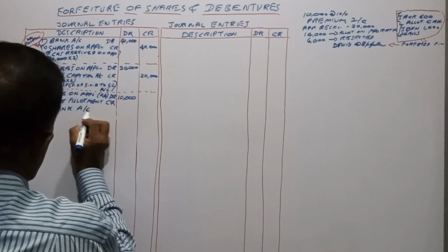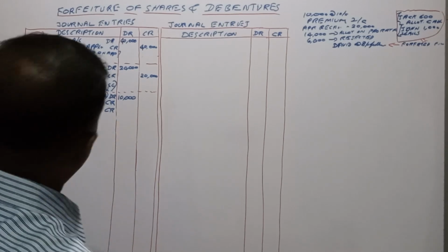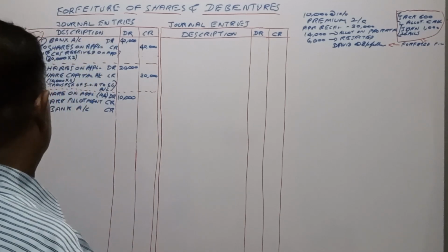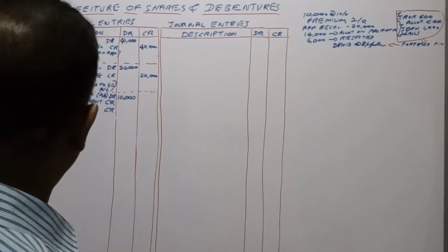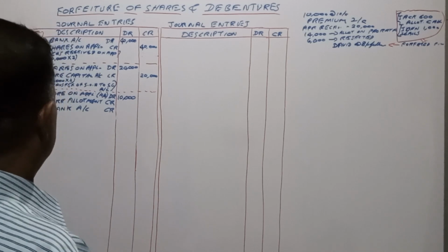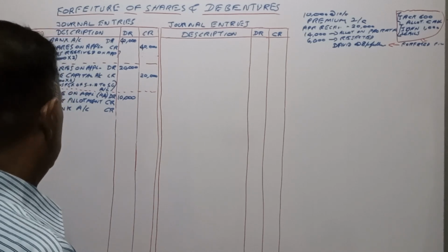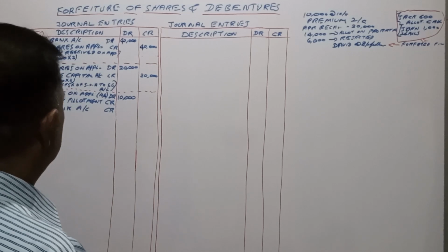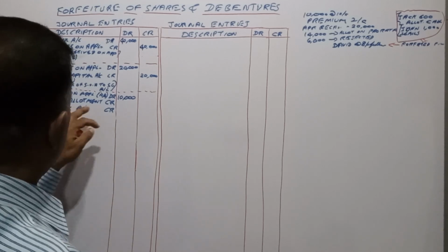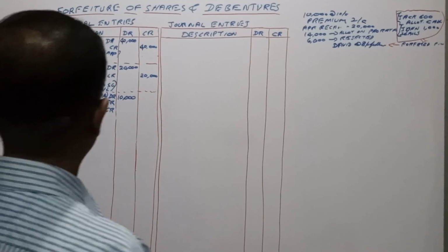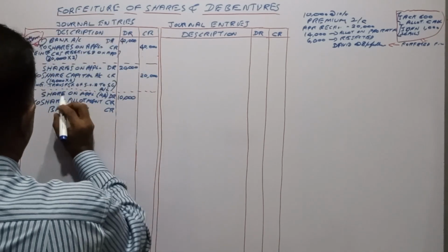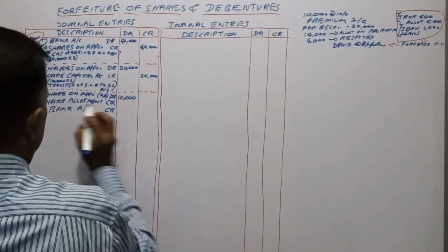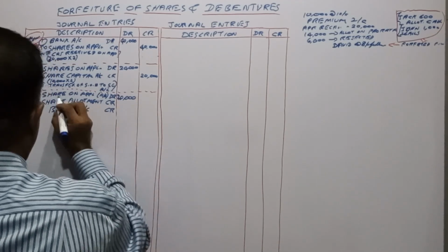You have to work it out: what is the amount that is transferred to the share allotment account, and what is the account? For the share allotment, right, this is 20,000.